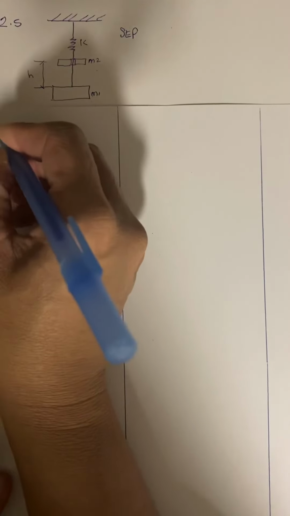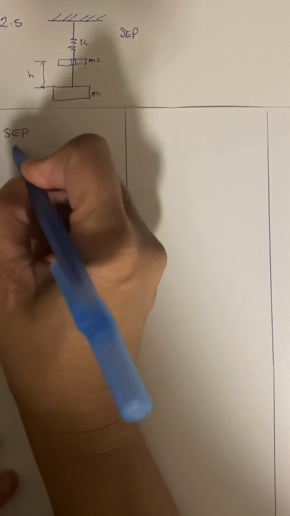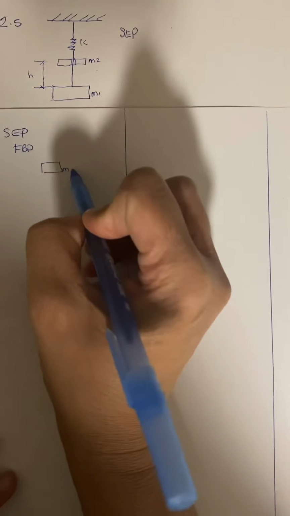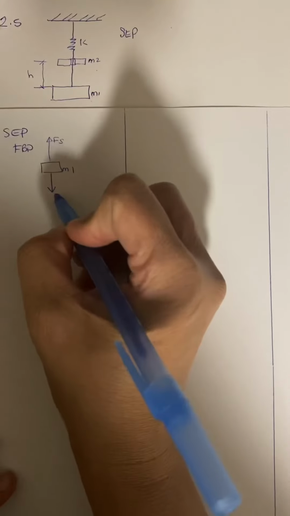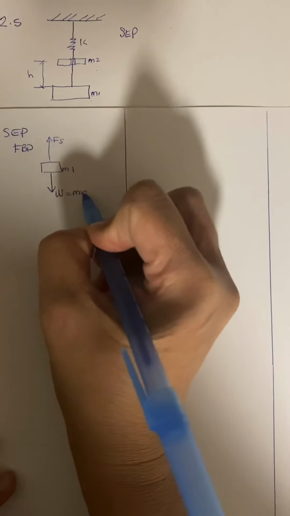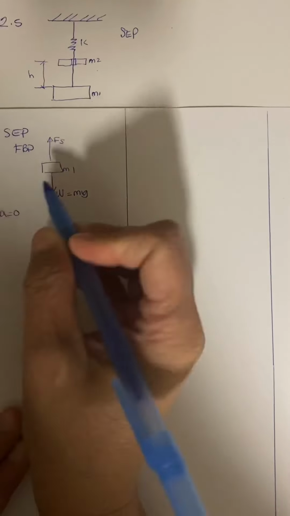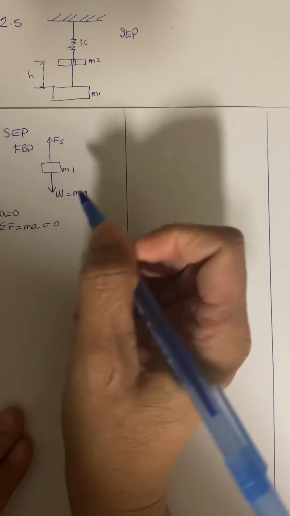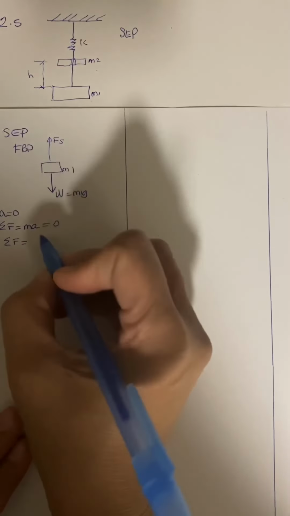So in the static equilibrium position, let's draw a free body diagram. The free body diagram will be mass 1 connected to a spring force Fs and the weight of mass 1, which is equal to m1g. As I said before, the acceleration is equal to 0, so the sum of forces is equal to mass times acceleration, which is equal to 0, and the sum of forces is equal to minus Fs.